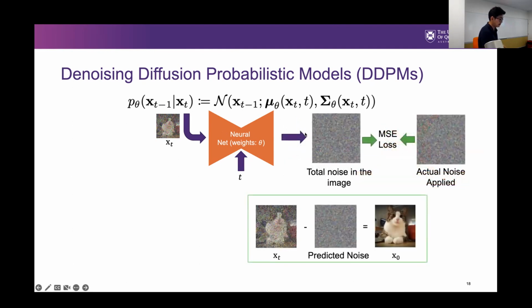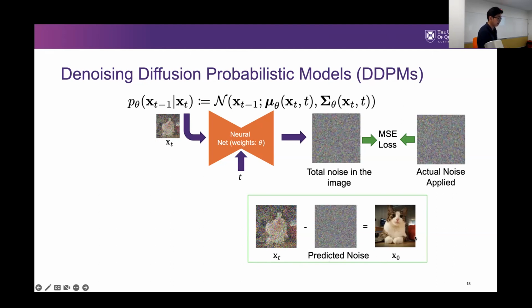In practice, we're actually predicting the noise directly. What that means is, given that image, we make the neural net predict how much noise was added. So that's the total noise. And with the total noise, we can recover the clean image by just subtracting the noise from the noisy image, right?